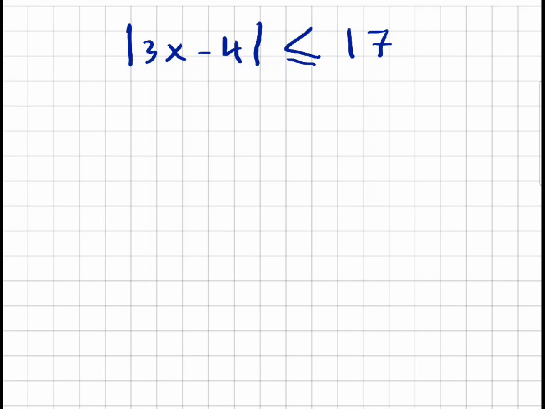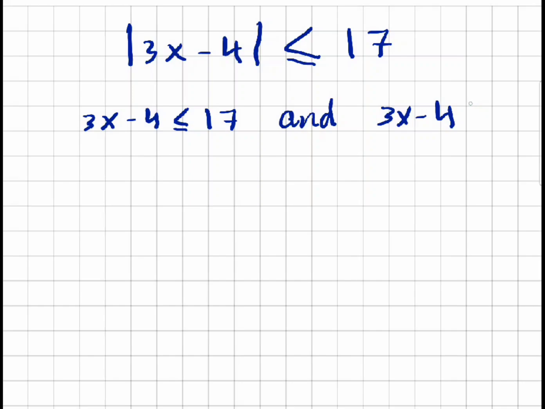So let's write two equations, or two inequalities. The first one is going to look exactly like the original without the absolute value symbol. Now, because it's less than, we're going to have the word and instead of or. If it was greater than, we would have the or situation.